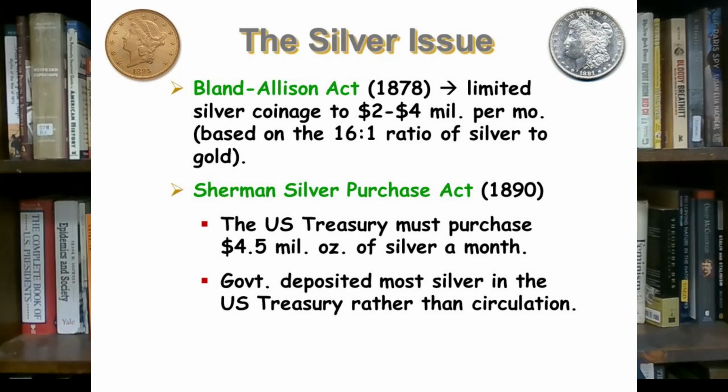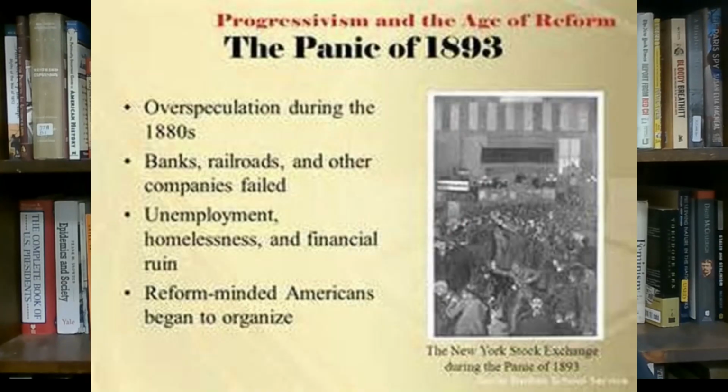Investors took the profits on this transaction and bought more silver. They did this over and over until the treasury ran out of gold, which contributed significantly to the financial collapse in 1893. After the Panic of 1893 broke, President Grover Cleveland oversaw the repeal of the act to prevent the depletion of the government's gold reserves.